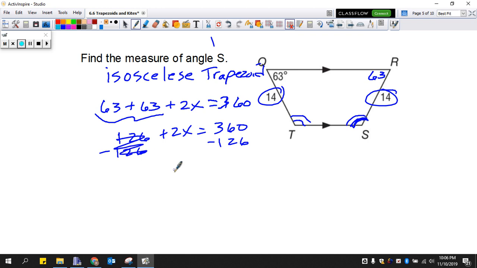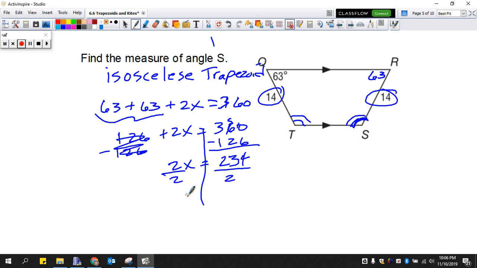Minus 126 on both sides. We're left with 2 times x is equal to 360 minus 126. So that is 234 divided by 2.